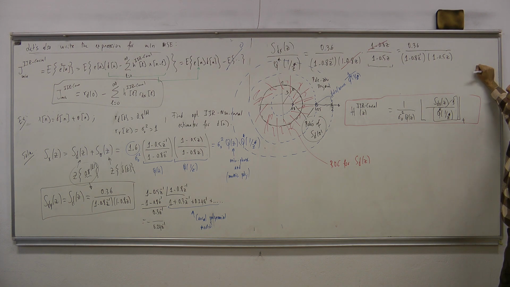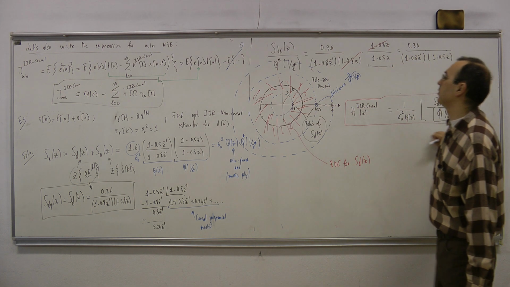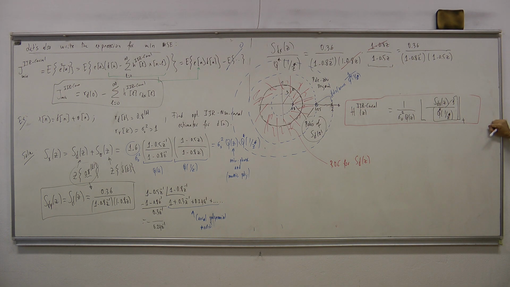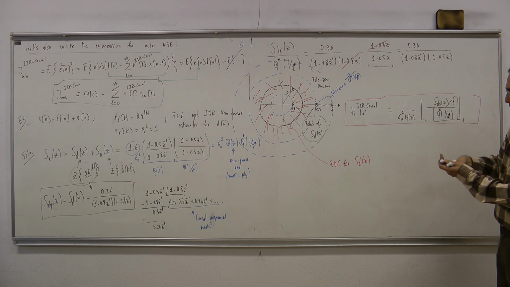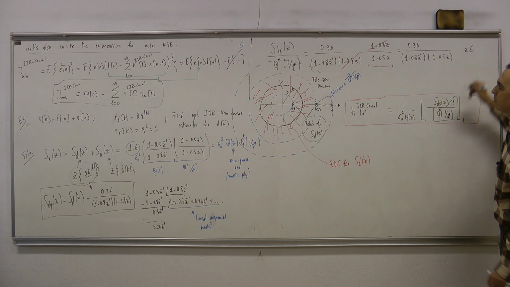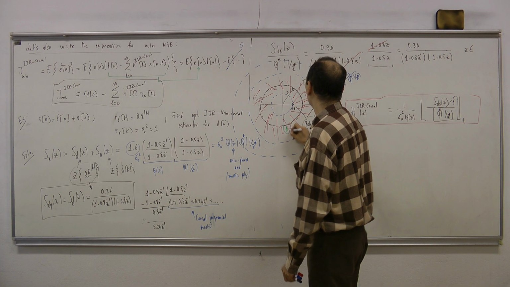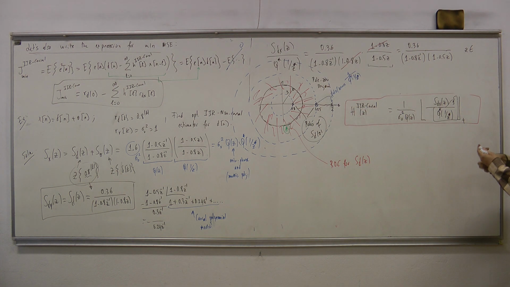That is from our knowledge of Z transform, because this part includes this unit circle over here. Okay, so now this is valid for Z an element of, let me call this region A. So this is for Z in region A.